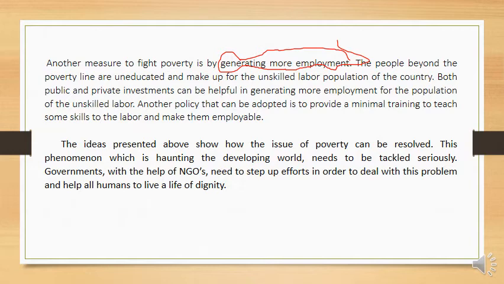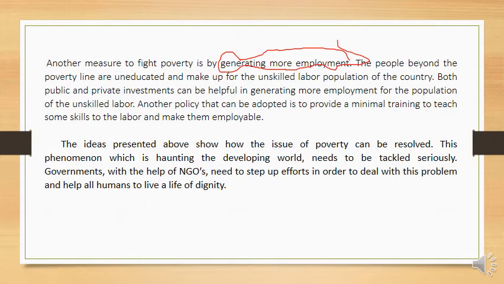This phenomenon, which is haunting the developing world, needs to be tackled seriously, needs to be solved seriously. Governments, with the help of NGOs, as I told you before, NGOs are the non-governmental organizations, need to step up efforts in order to deal with this problem and help all humans to live a life of dignity.